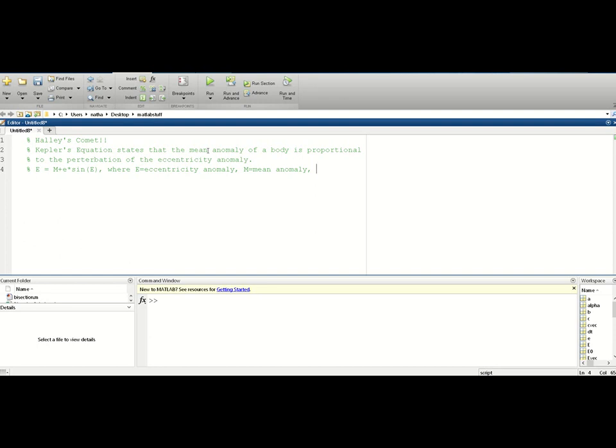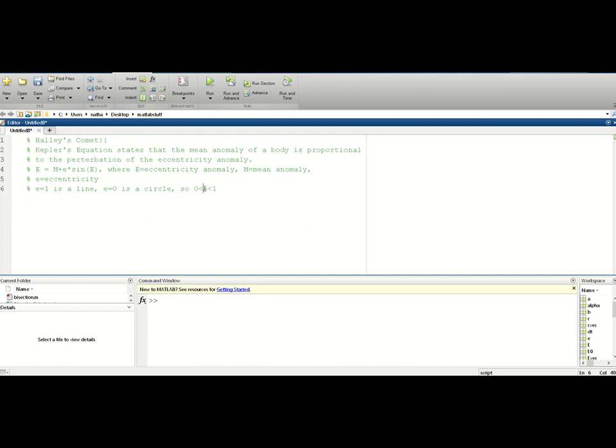And then little e is eccentricity. Okay. And that one is eccentricity here. e equals 1 is a line. e equals 0 is a circle, right? So it's usually between 0 and 1.